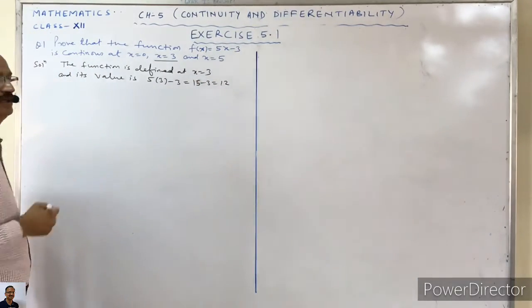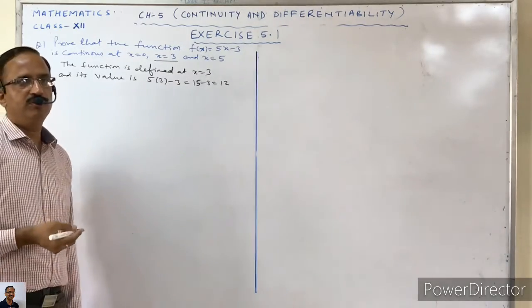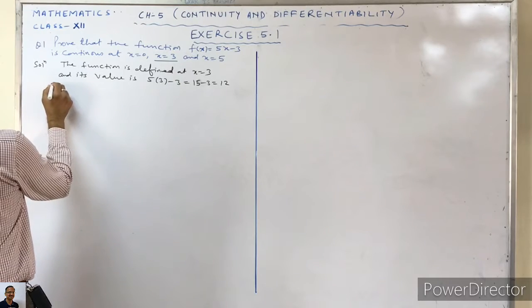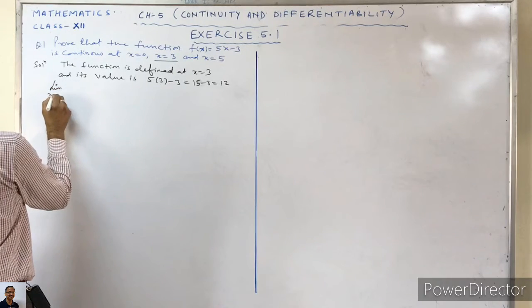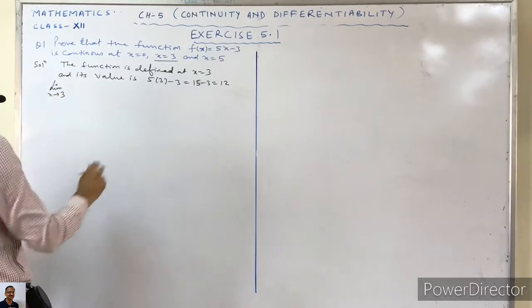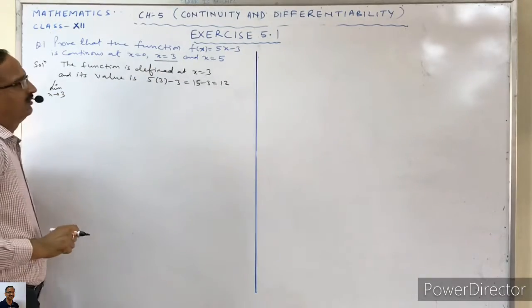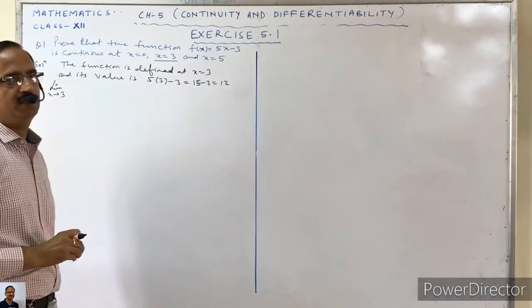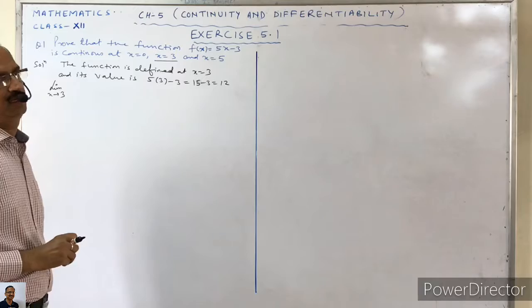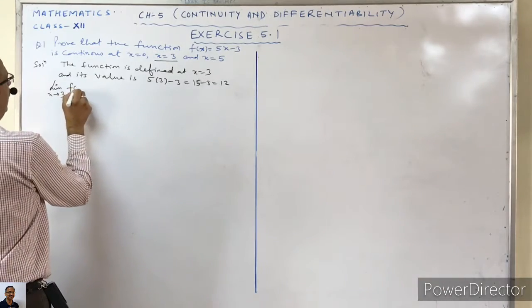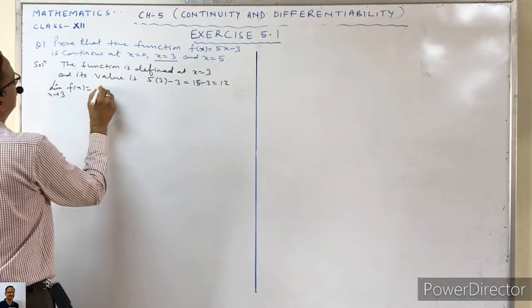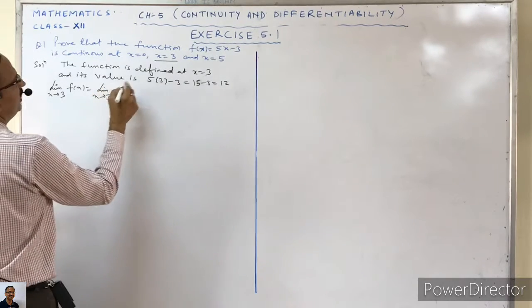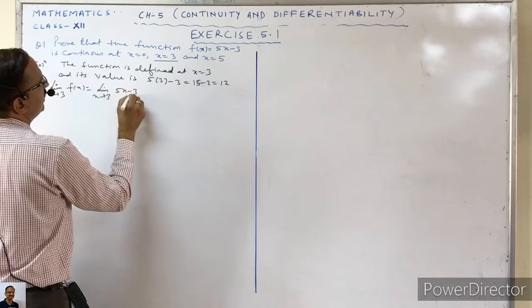Okay. Now since the function is defined, we can check the continuity. So we can start with limit x tends to 3, because we are just checking the continuity of this function at x equal to 3. f(x) equals limit x tends to 3 of 5x minus 3.